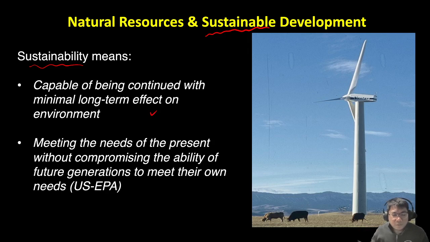Even though we need those resources that I've already shown you before, we need to use them while minimizing the long-term effect on the environment. And that's what is meant by sustainability: meeting the needs of the present without compromising the ability of future generations to meet their own needs.